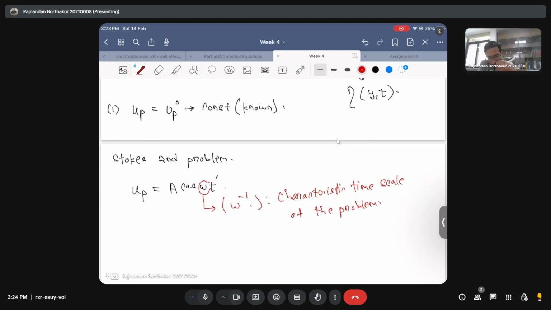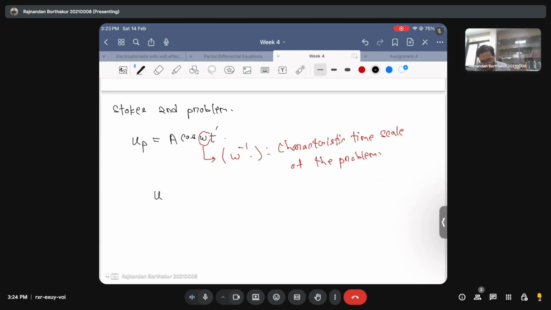One thing that you have used is that you have assumed that your solution, that is your velocity field, which is a function of y and t, is the real part of u hat of y e power i omega t bar.